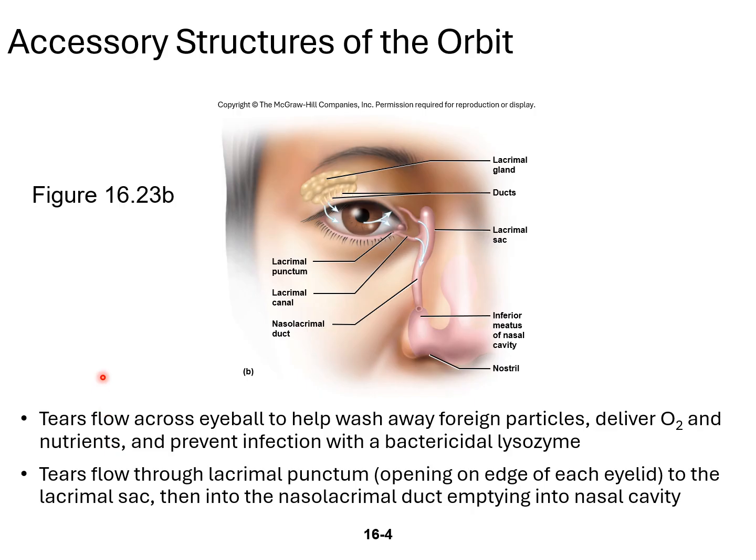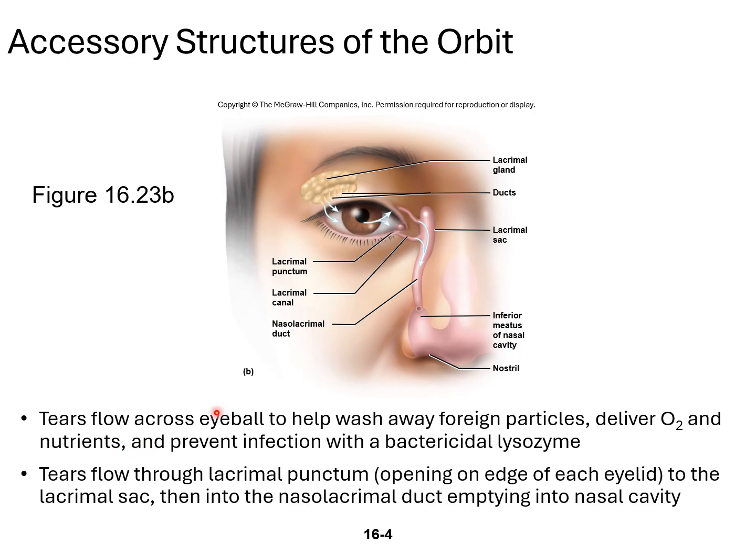You might not have ever even thought about this either, but tears. Tears are the way our body can flush the eye and keep bacteria, viruses and other types of infections from infecting the eye. Because this is going to be saline-ish, it's going to be able to keep it at a certain pH and a certain environment to be able to provide oxygen and nutrients to the conjunctiva.